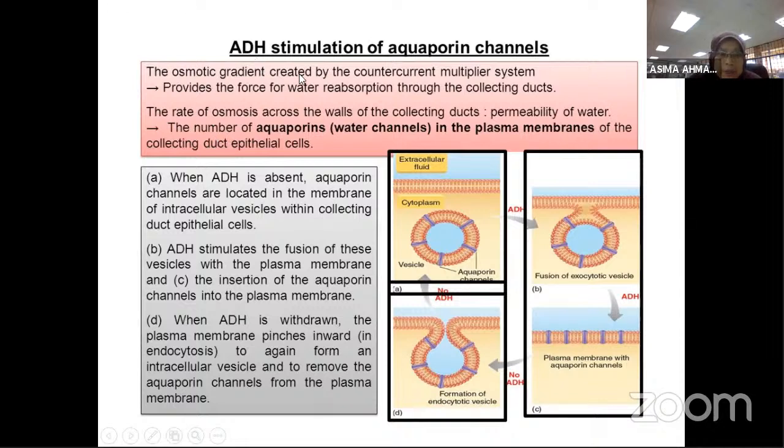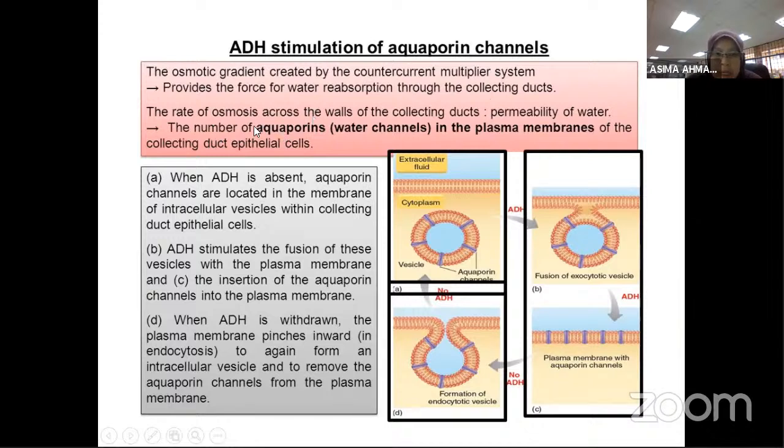So the osmotic gradient created by the counter current multiplier system provides the force for water reabsorption through the collecting ducts. So this one is depending on osmotic potential. The rate of osmosis across the walls of the collecting ducts, or the permeability to water, depends on the permeability of the wall to water.